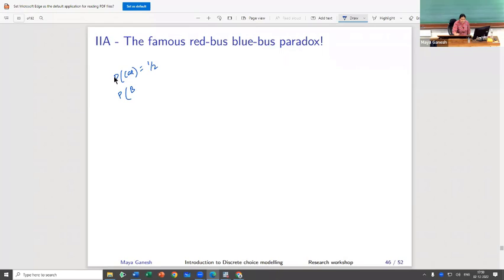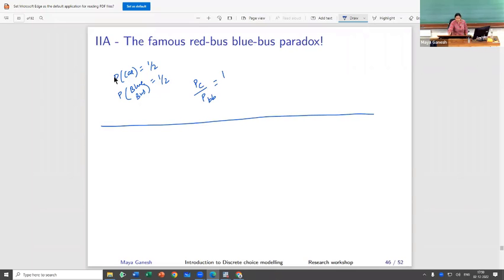But in the logit model, what did we see? Because of the assumptions that we make, it results in this IIA property, which means this ratio has to remain the same irrespective of whether another alternative is there or not.